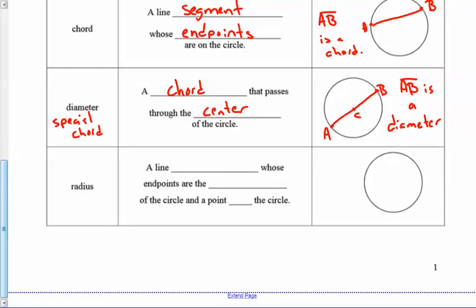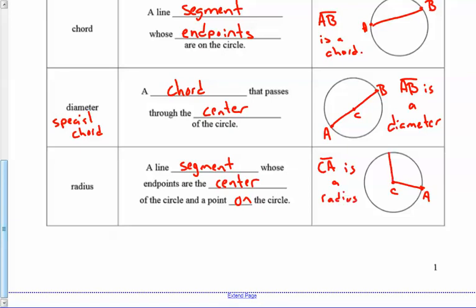And last, a radius, right? A radius is a line segment whose endpoints are the center of the circle and a point on the circle. So if that's point C, my center, and that's point A, then we can say CA is a radius.